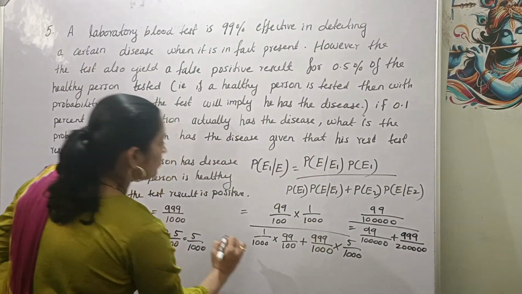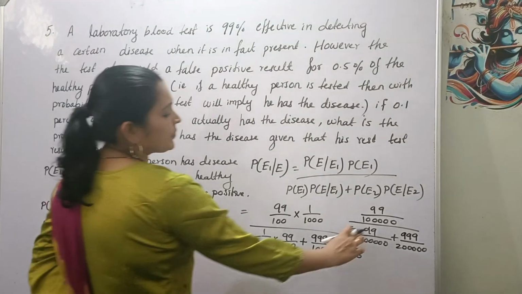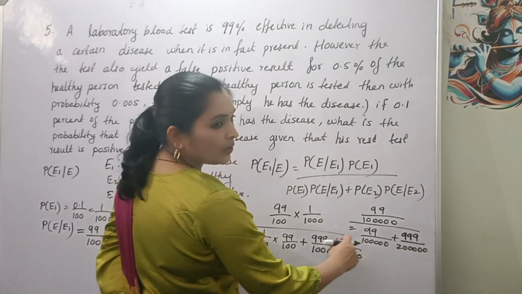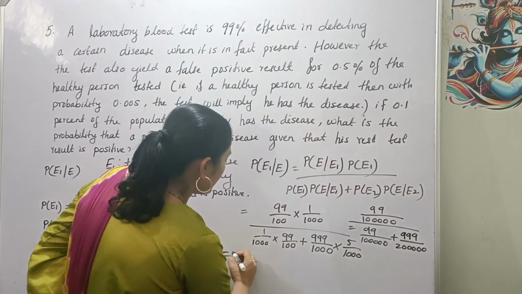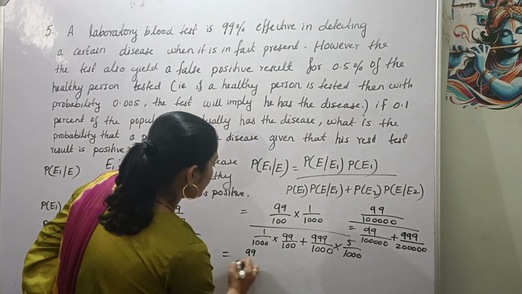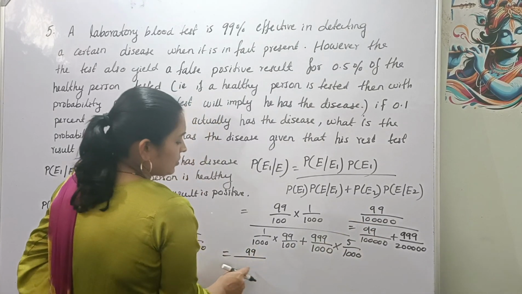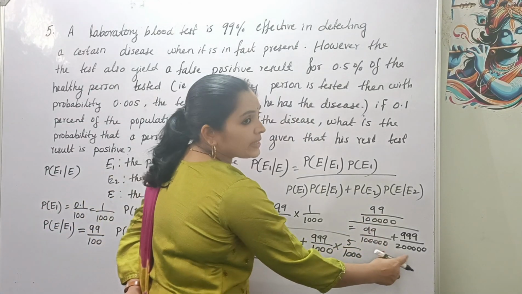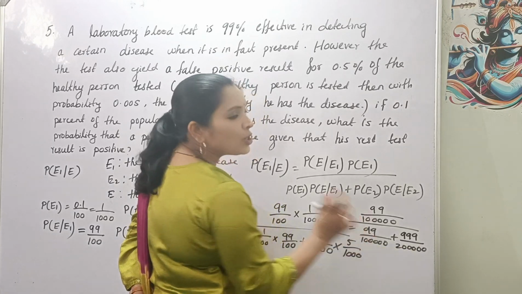That is equal to, see here 1 lakh cancelled. So multiply 2 here, then it will be 99 divided by 1 lakh cancelled, then here 2 is remaining. After cancelling, 2 is remaining because here the LCM is 2 lakh.